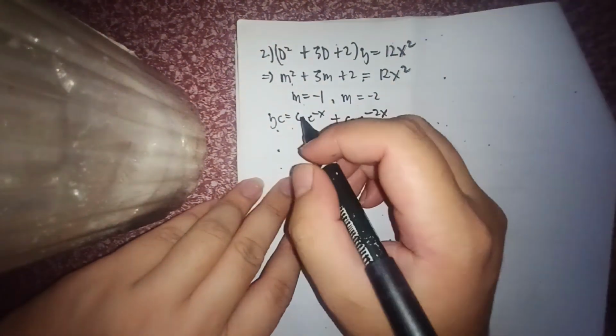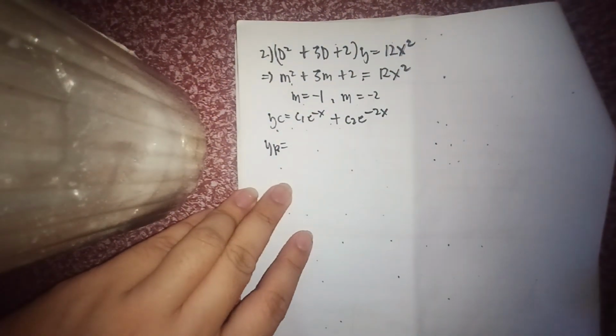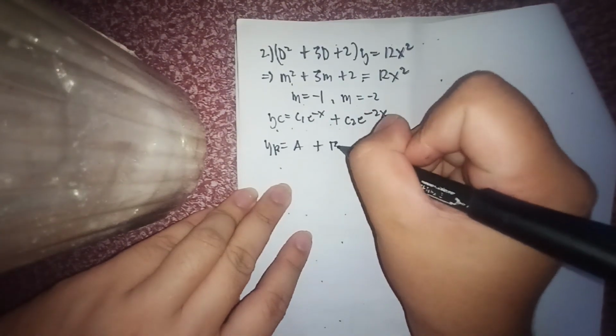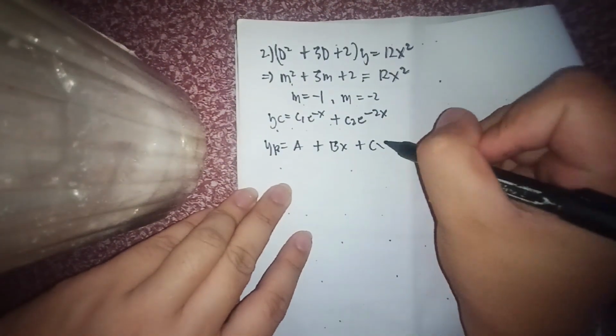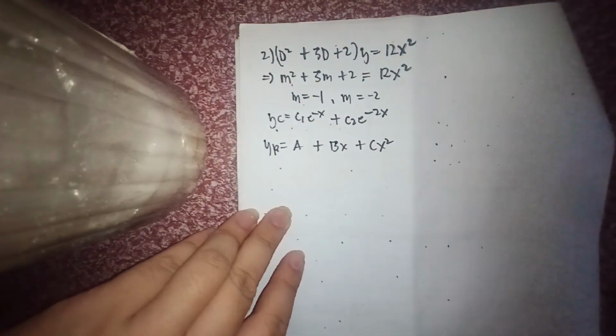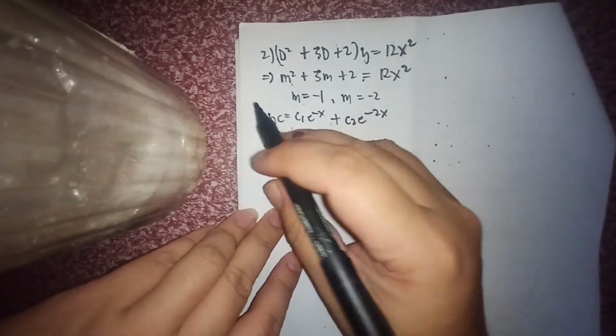Next is to get the value of our yp. So we have yp, which is a plus bx plus cx squared. Now we have to derive so that we can have the first and second derivative of our equation.